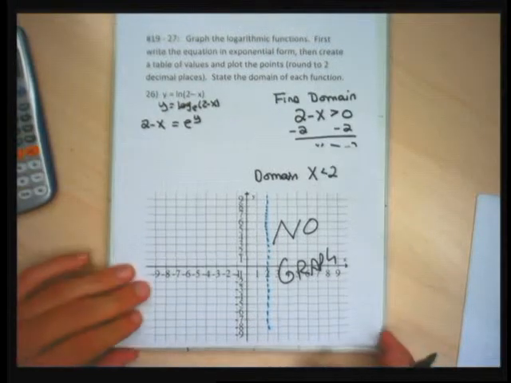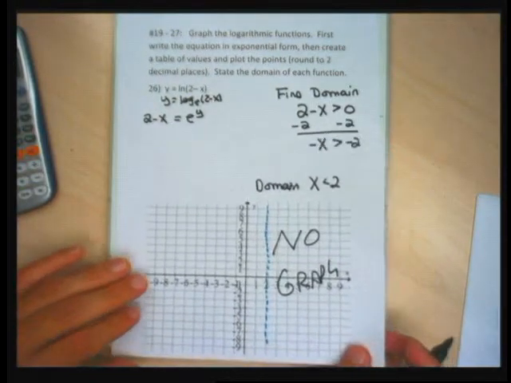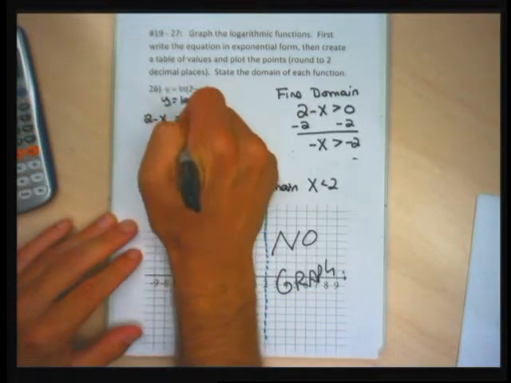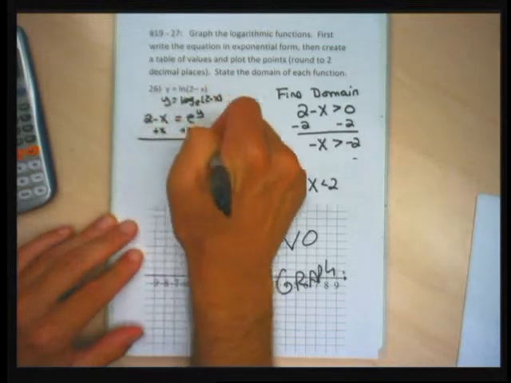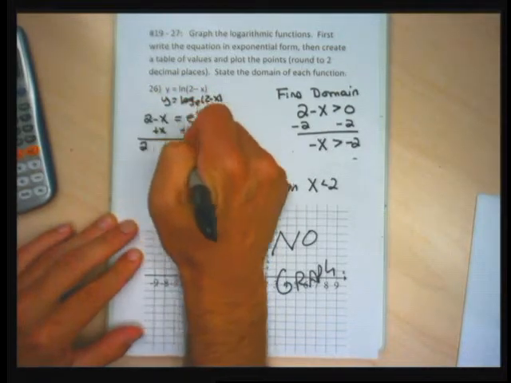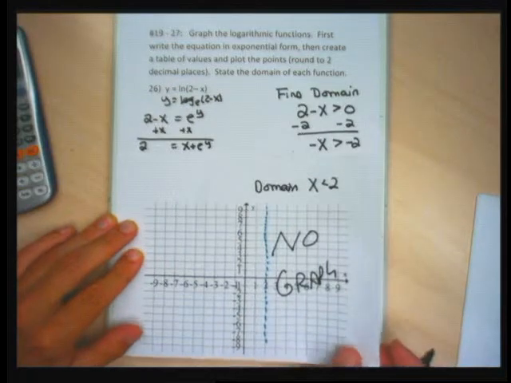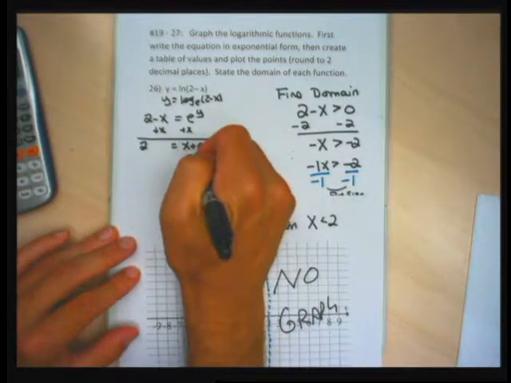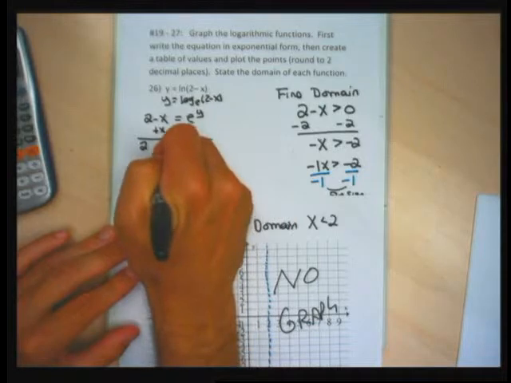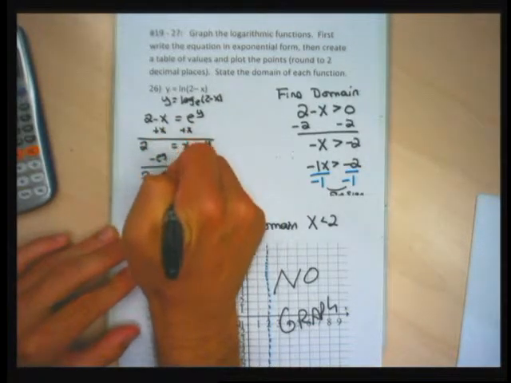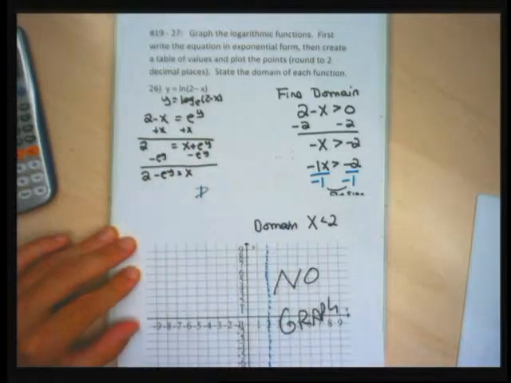I really don't like that x being negative, so I'm going to do this in kind of 2 steps. To solve for x here, I'm going to add x to both sides to make the x positive, and I get 2 equals x plus e to the y, and now I'm going to minus e to the y from both sides. So I get 2 minus e to the y equals x.